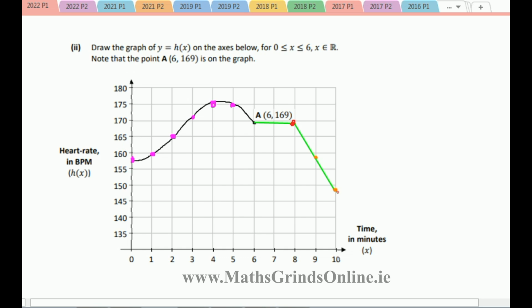So again, just draw lines from 149 across there, and approximately the same from 159 there as well. The question said it was a steady decrease, so I made sure that it was a line on my graph.